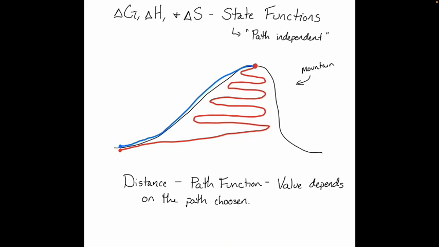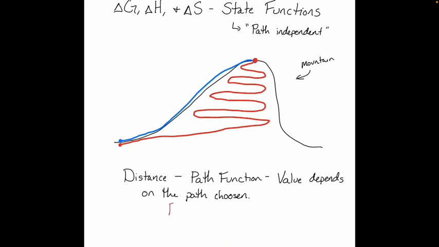So which hiker hiked the greatest distance? It's going to be the red hiker, because it took that long meandering trip up the mountain, back and forth and back and forth. Simply covered more ground. So red hiked the greatest distance.